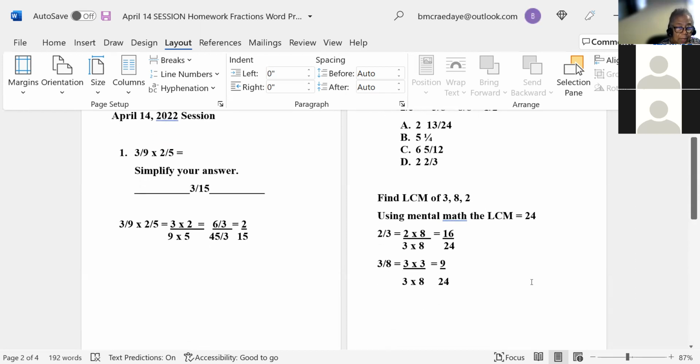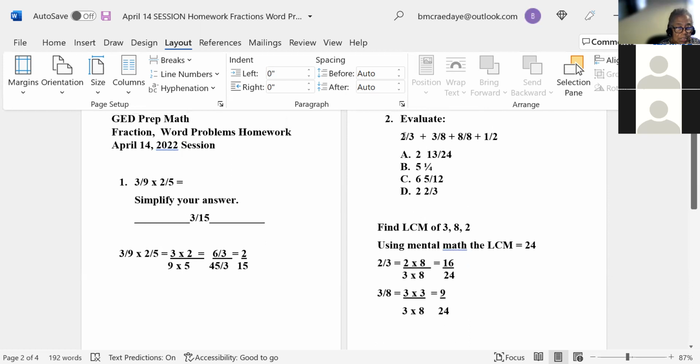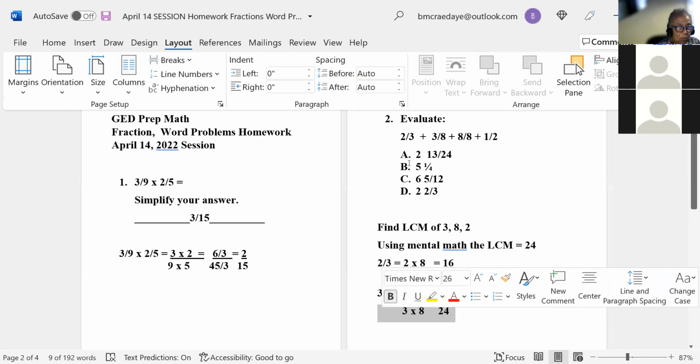Look at your numbers here, your fractions. We did the 2/3, we did the 3/8. Now we have the 8 over 8. Maureen, 8 over 8 is what over 24?